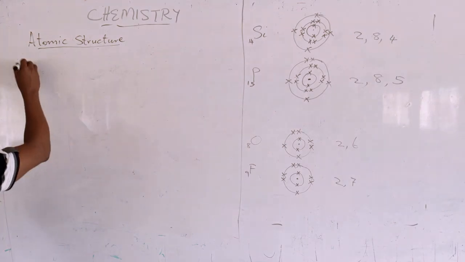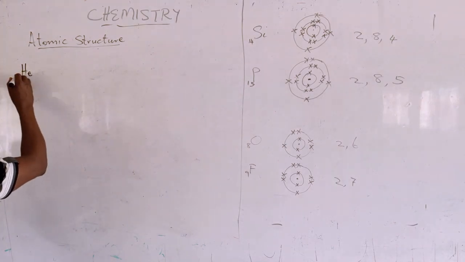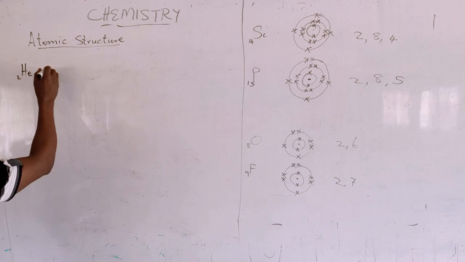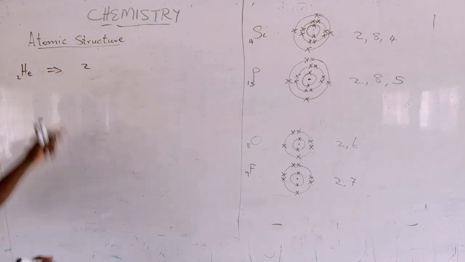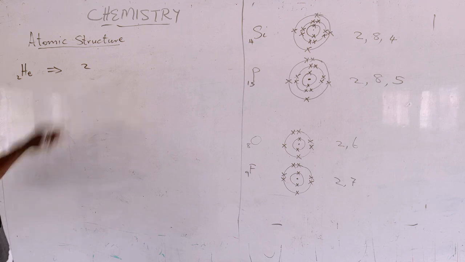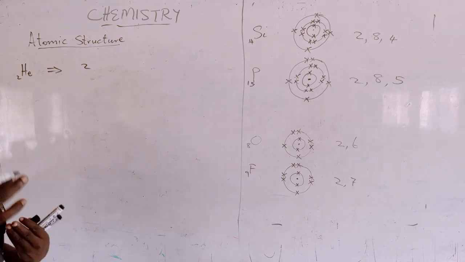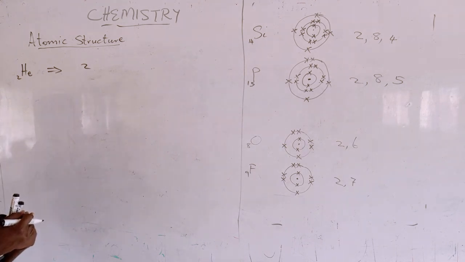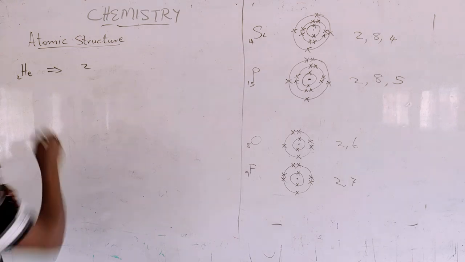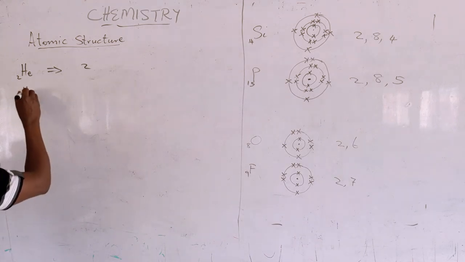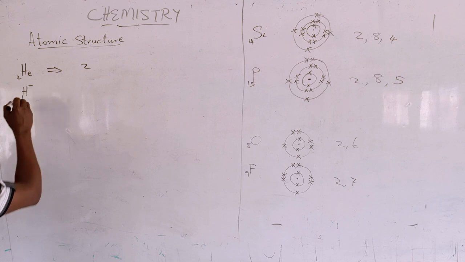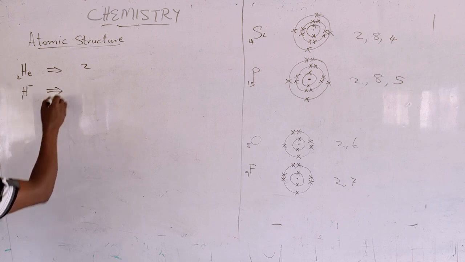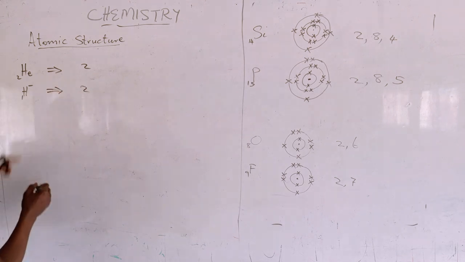Helium is isoelectronic with hydrogen that has borrowed an electron in, and that is the hydrogen ion. Atomic number is 1, but the electronic configuration of this is 2.